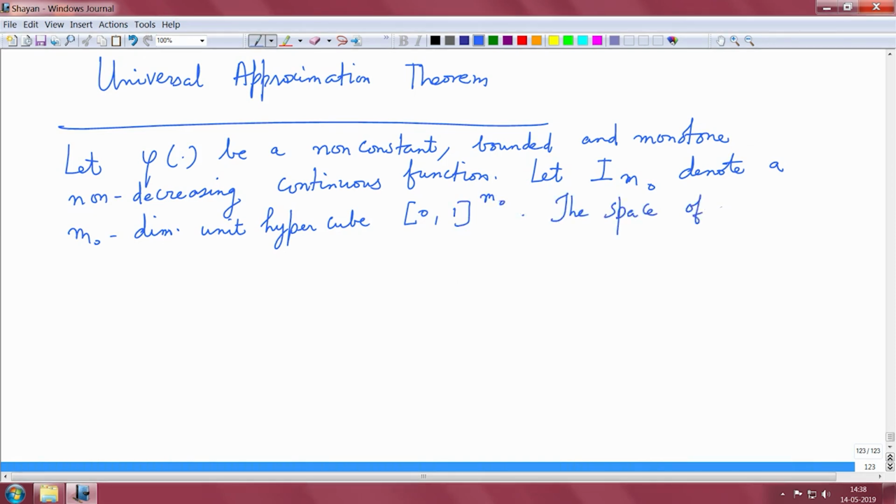The space of continuous functions on this space I_m0 is denoted by C(I_m0), indicating they are all continuous functions.